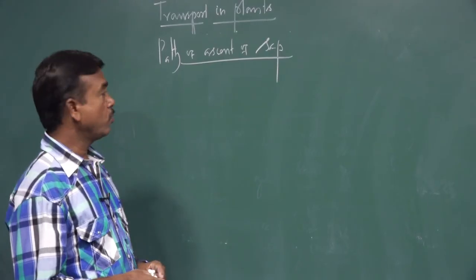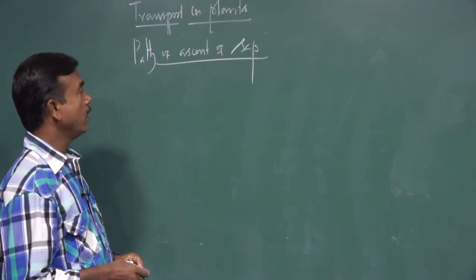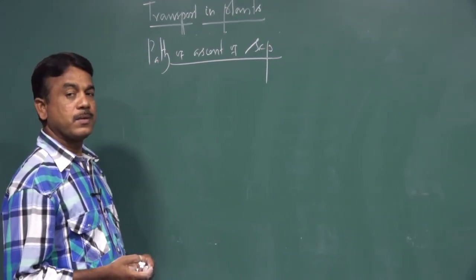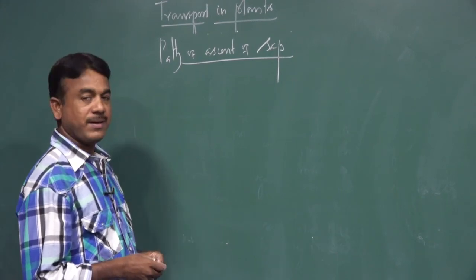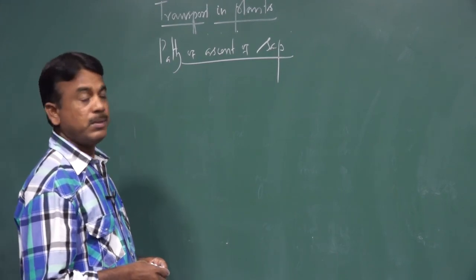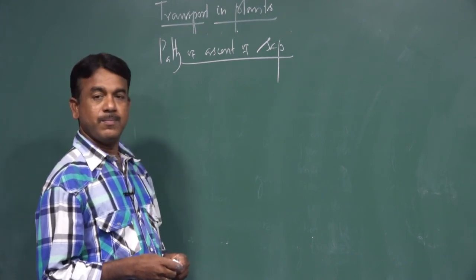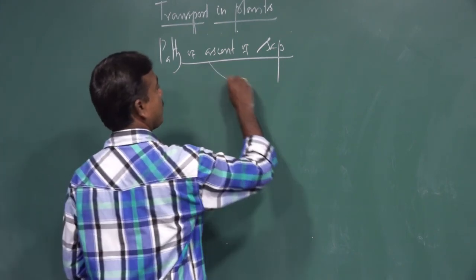Next, we discuss how the ascent of sap takes place. That is commonly called the path of ascent of sap. Before that, what is the definition of ascent of sap?